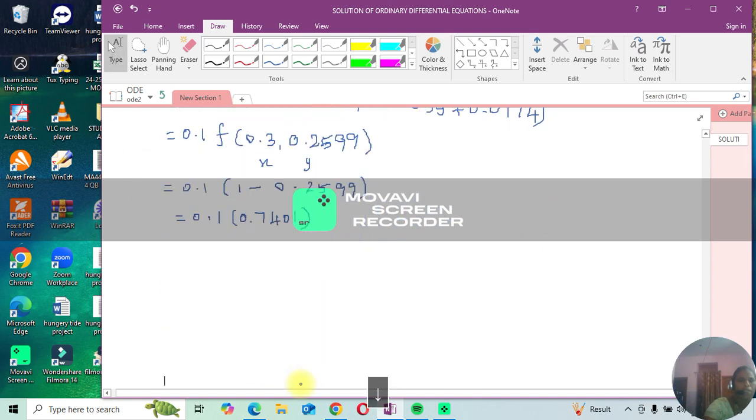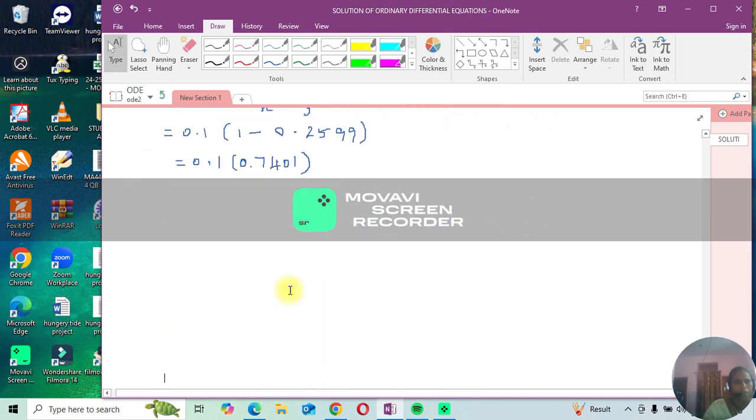Now I multiply 0.7401 and 0.1, so 0.07401. I consider only 4 decimal places, so 0.0740. So we have calculated K1, K2, K3 and K4.